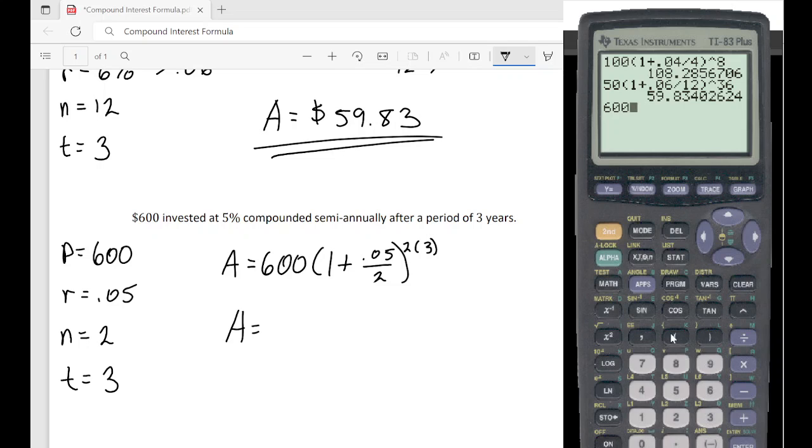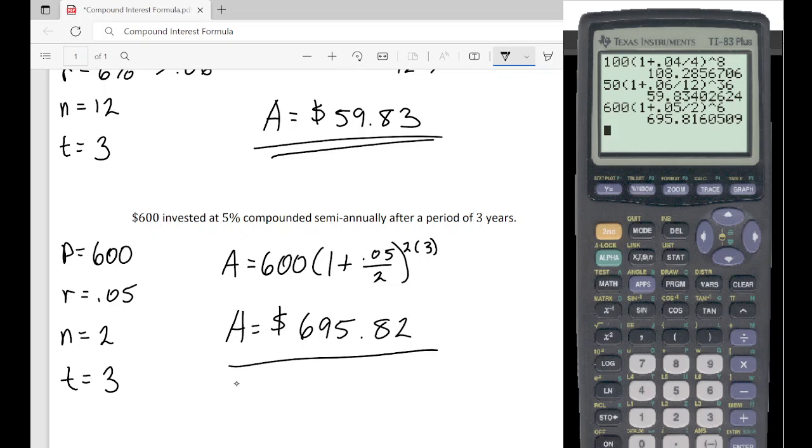So 600 times 1 plus 0.05 divided by 2 and raised to the 2 times 3, and I'm just going to call that 6. And this time we get $695.82. Again, remember when it comes to money, unless specified otherwise, you should probably round to the nearest cent, which in this case is always going to be the second decimal.